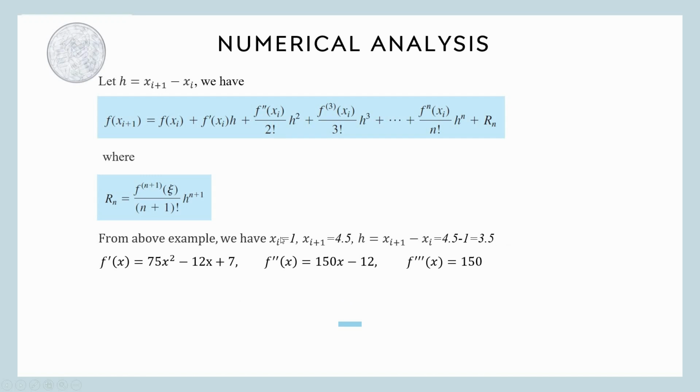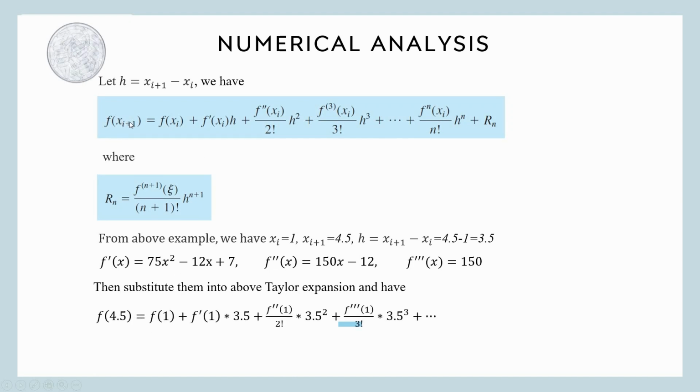Now let's substitute these three derivatives into the above Taylor series expansion. Here x_{i+1} is 4.5, x_i is 1, and h is 3.5, and we get this very specific Taylor series expansion for this example. This will be our approximation value using the Taylor expansion.